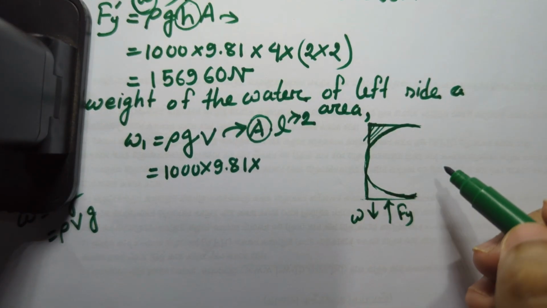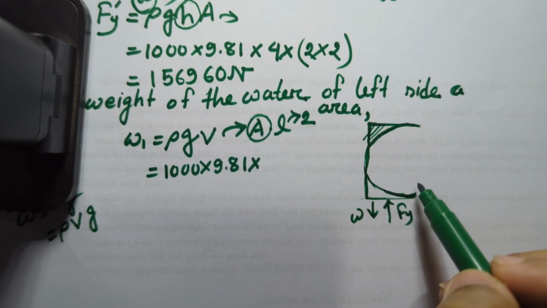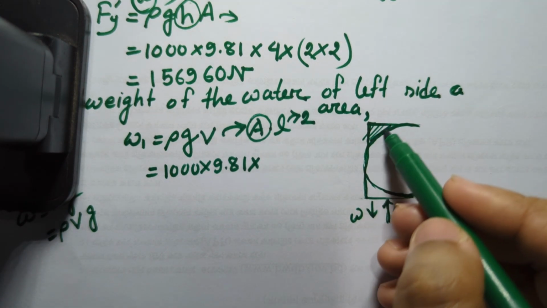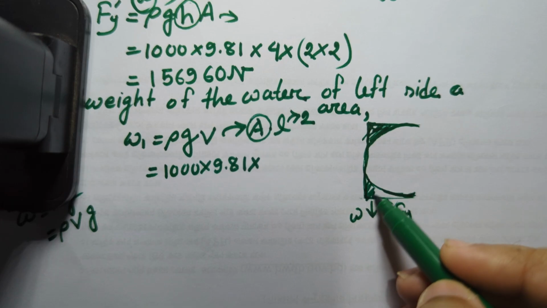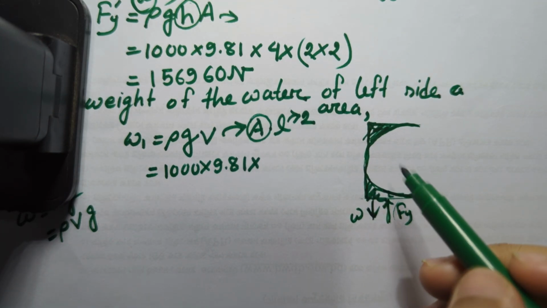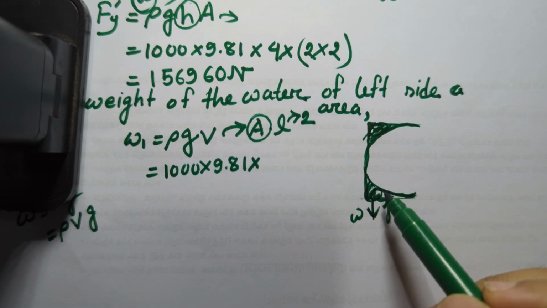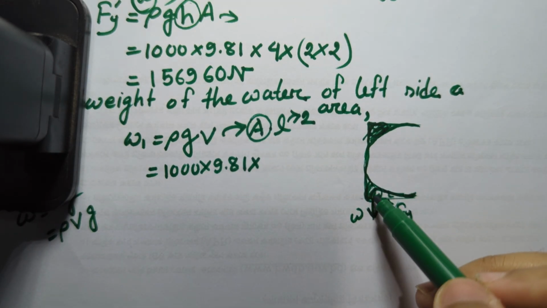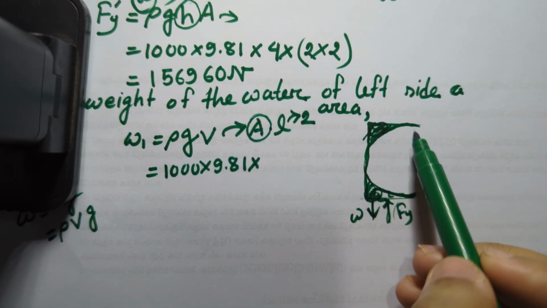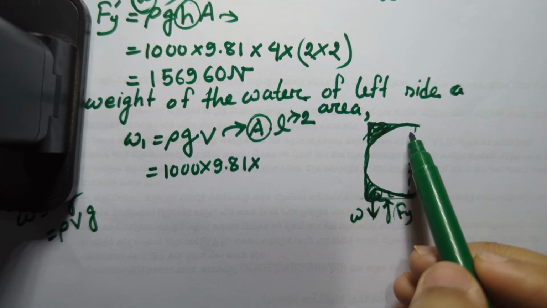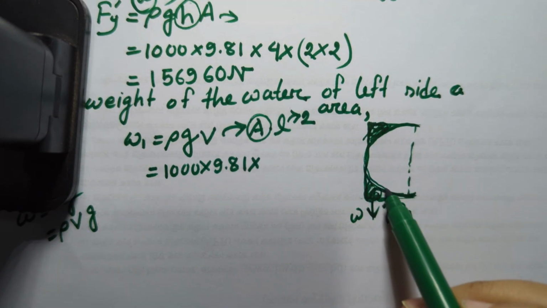We have to understand the area. This is the figure that we have to count. This is the half circle, and in this way the vertical force works, and the weight of this area and this watery surface works at the lower part. So how will we find the weight of this area? Let's find out the area of this portion. First we will find the area of this rectangle, and we will subtract the area of this half circle.